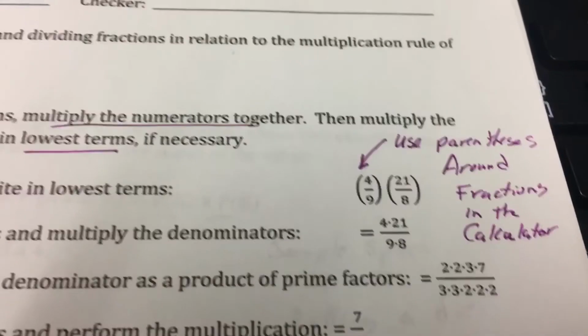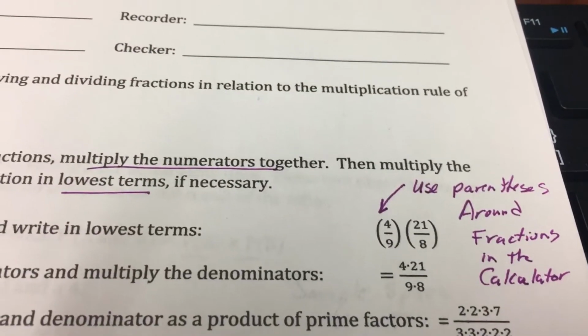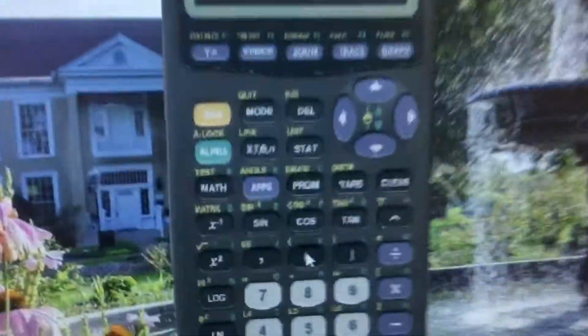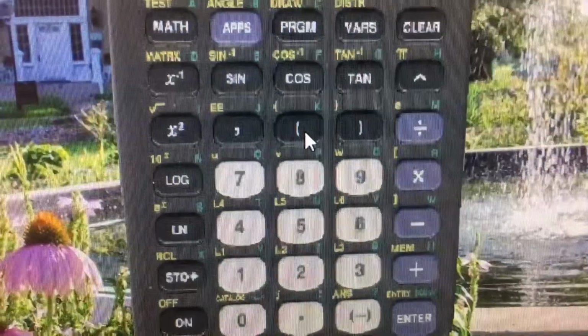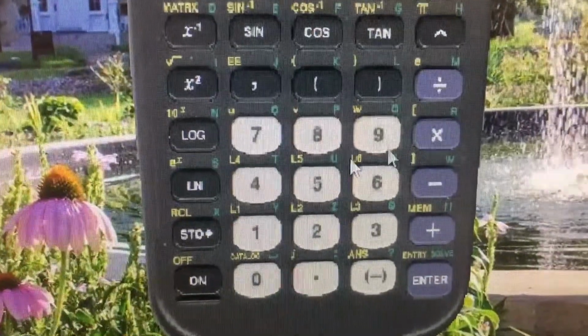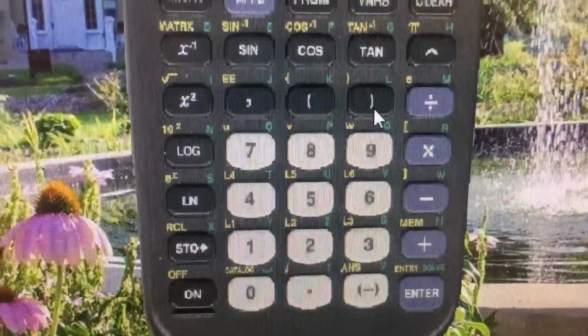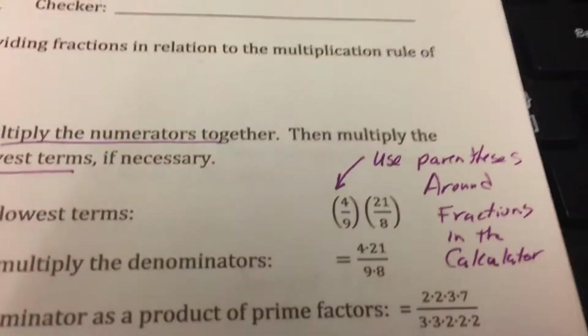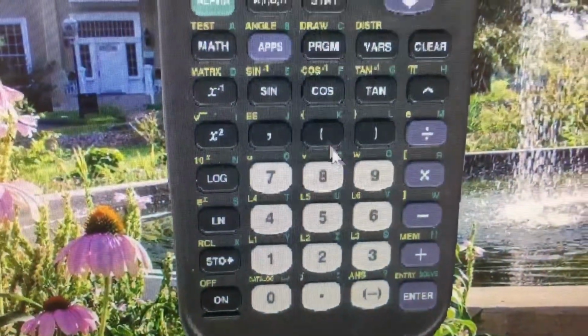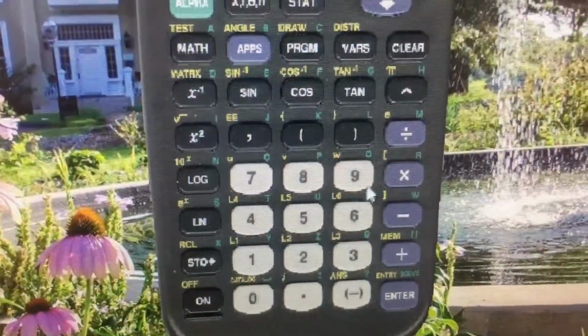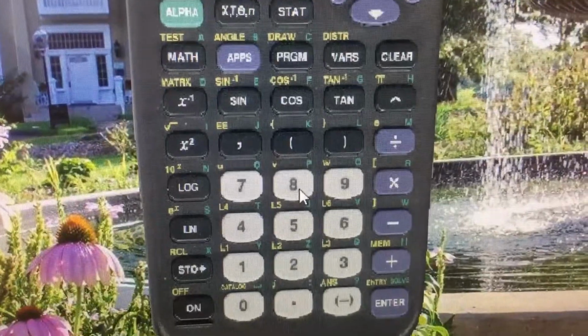And then I want to type in this example, which is parenthesis 4 over 9. So on my calculator, notice there's parenthesis. I'm going to type 4 divided by 9, close parenthesis. And then if you look at your problem, it's times 21 over 8. So I'm going to do parenthesis 21 divided by 8, and I'm going to close parenthesis.